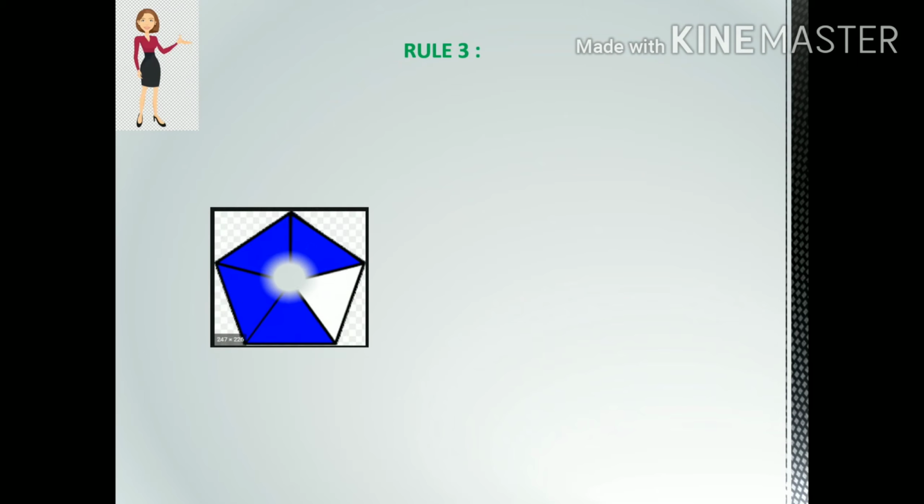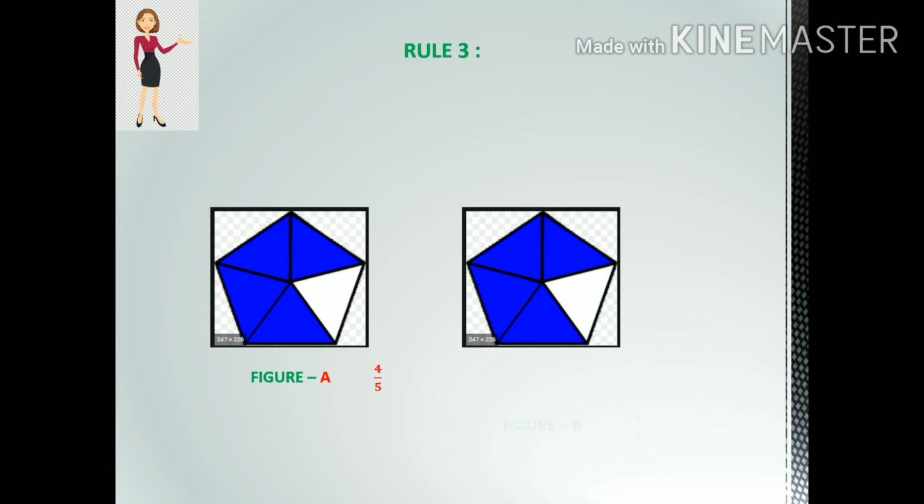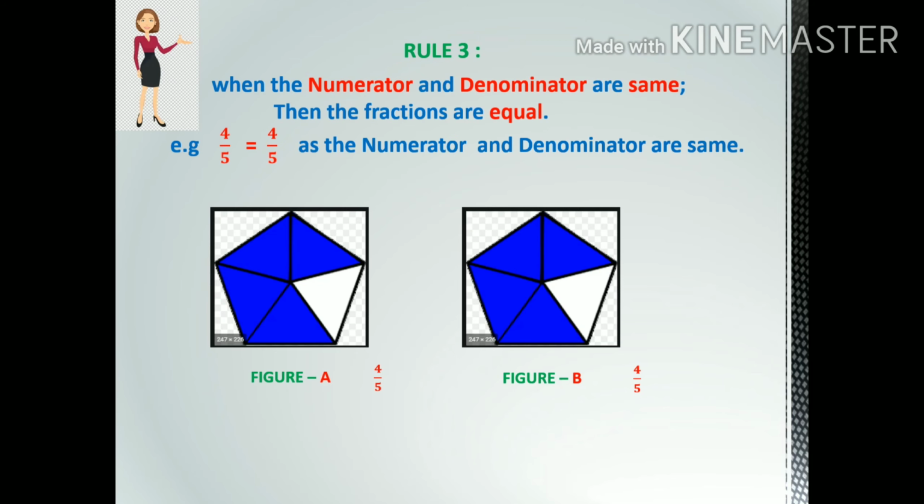Rule 3. Figure A represents 4 upon 5 and figure B represents 4 upon 5. Both of them show the same fraction. When the numerator and denominator of the figures are the same, then the fractions are equal.